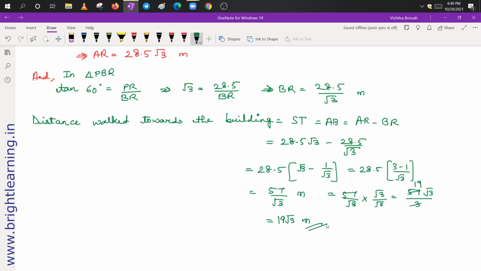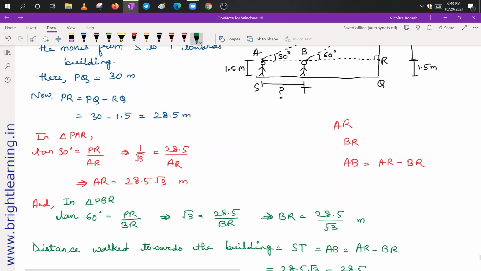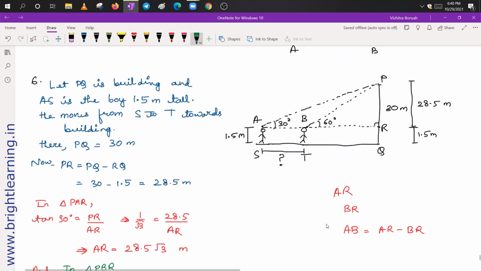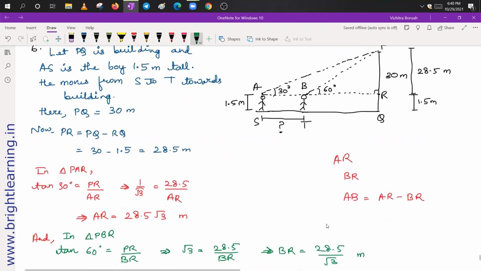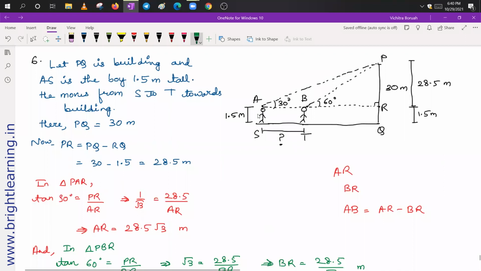So let me explain this solution first, once again. According to the question, it is given that there is a boy. The height of this boy is 1.5 meters, and there is a tall building. The height of this building is 30 meters. Now this boy, when he is standing at this point, from this point the boy is watching the top of this tower.